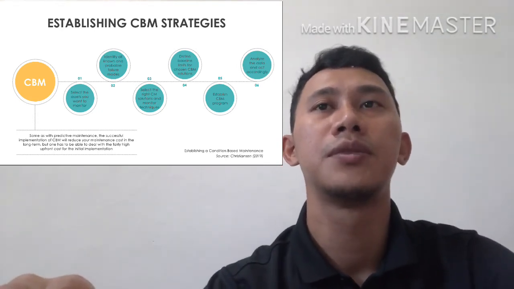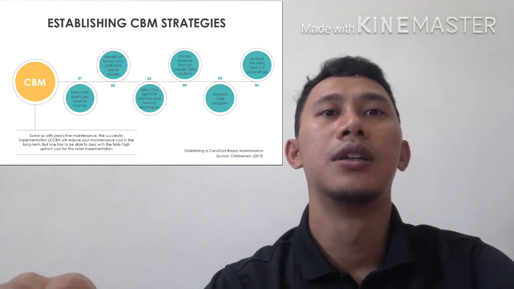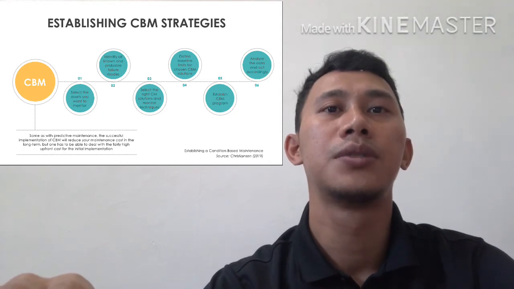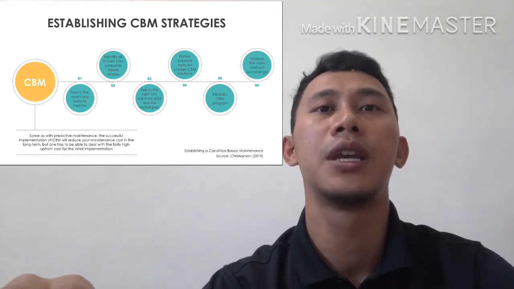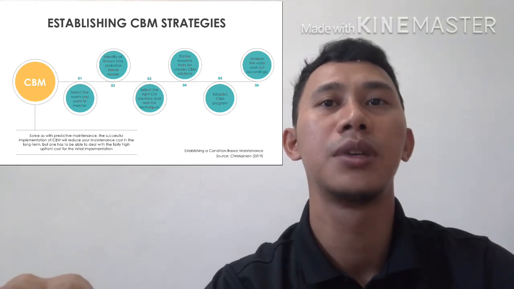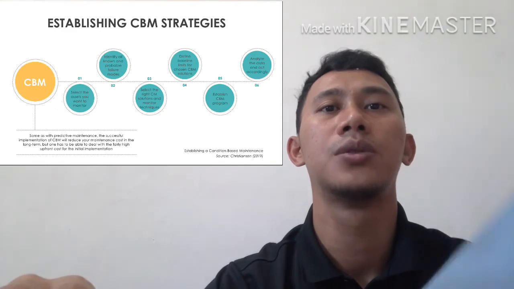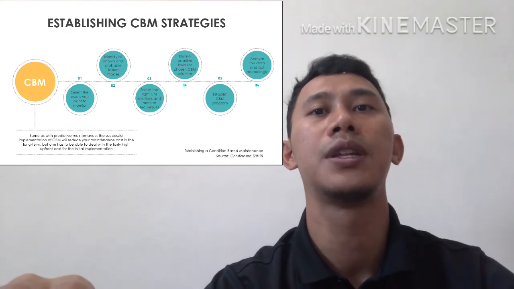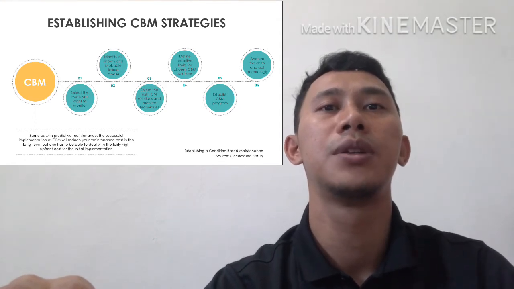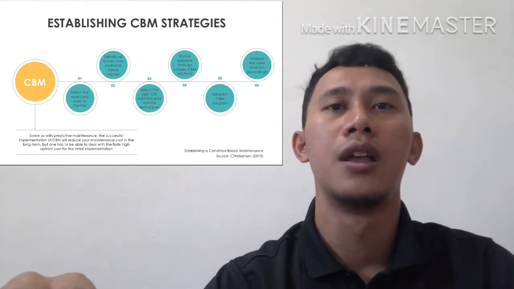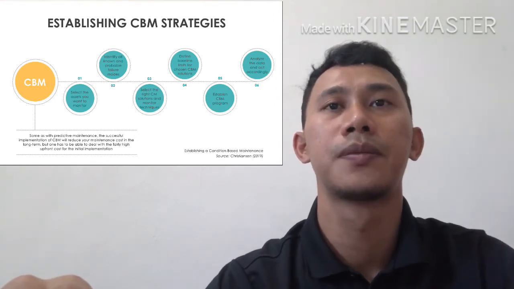Establish CBM strategy. CBM, same as with predictive maintenance, if successfully implemented, will reduce your maintenance costs in the long term, but one has to be able to deal with very high upfront costs for the initial implementation. First, select the asset you want to monitor.